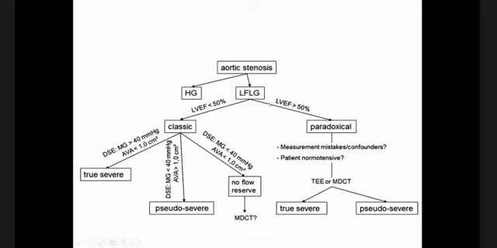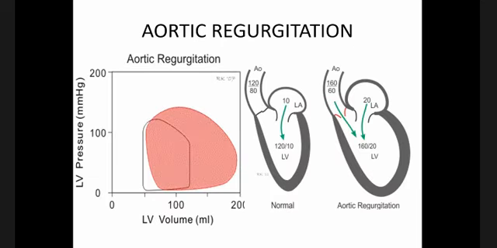And of course, the other variant is the paradoxical one, where because of the decreased end diastolic volume, the ejection fraction is normal. Here also, because the cardiac output cannot be increased significantly with the dobutamine, you have to depend on your other modalities. So this is a case where it nicely tells you of the fallacy of ejection fraction.